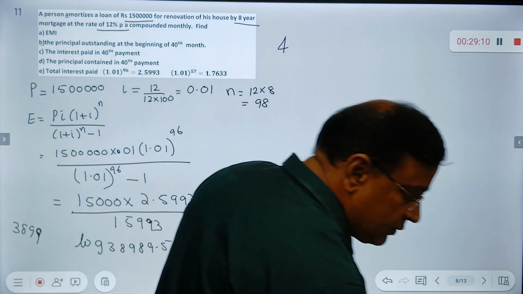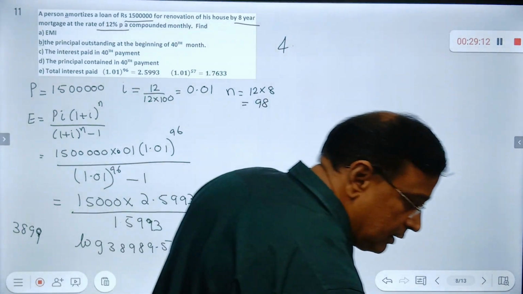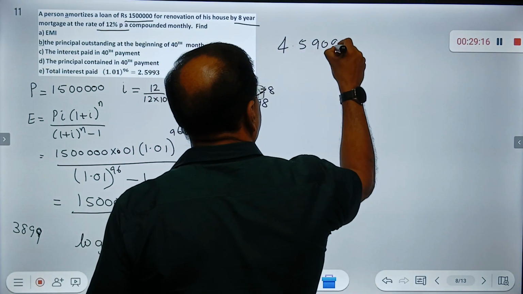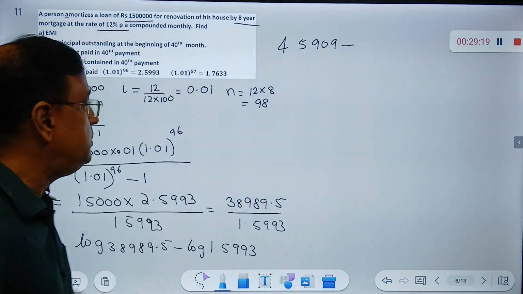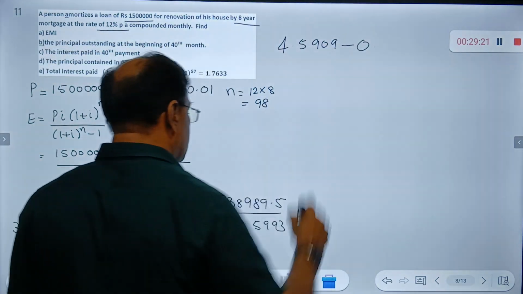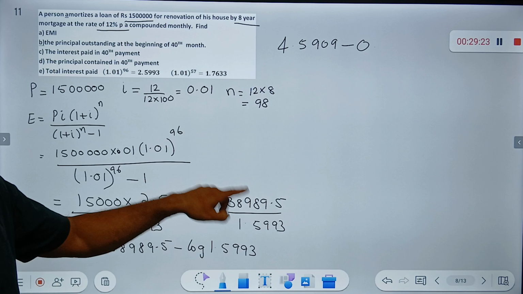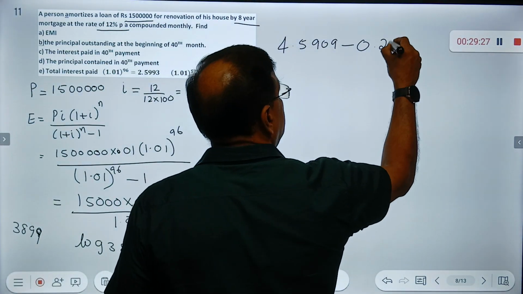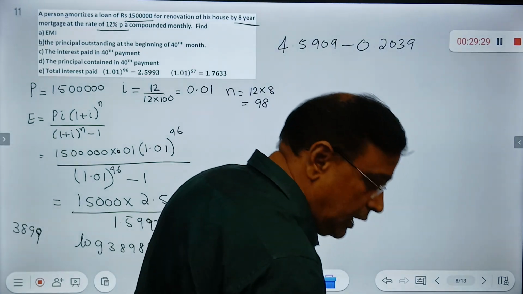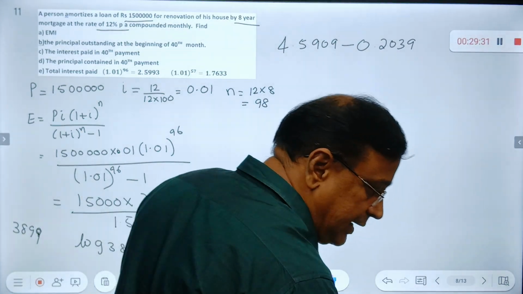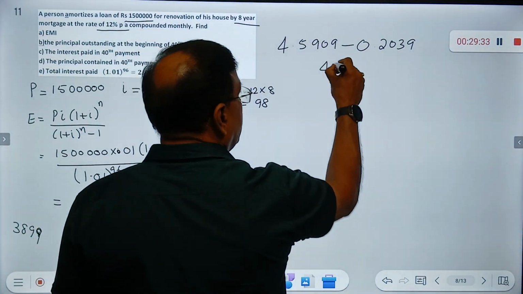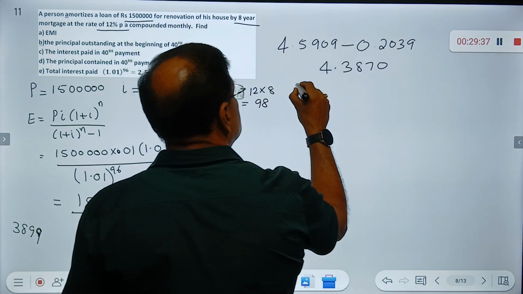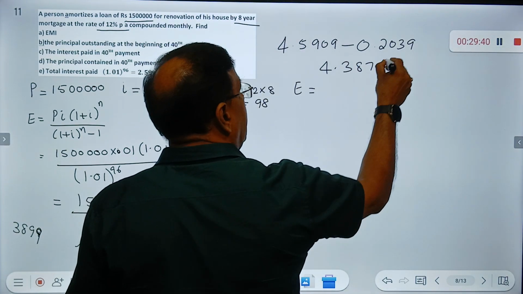When you look at log of 3899, I think I'm getting 5909, minus log of 1599, which will be 2039. And if you subtract this, you will get 4.3870.